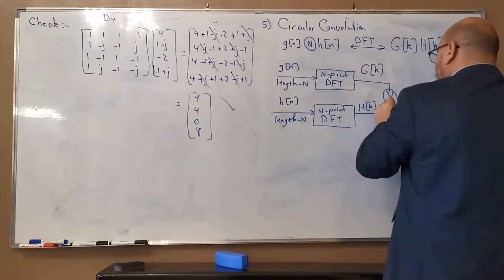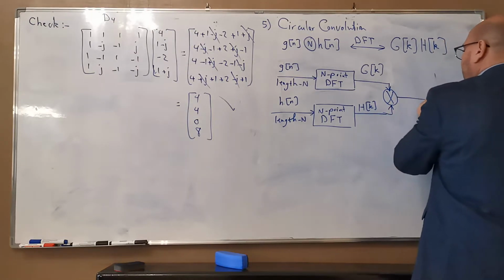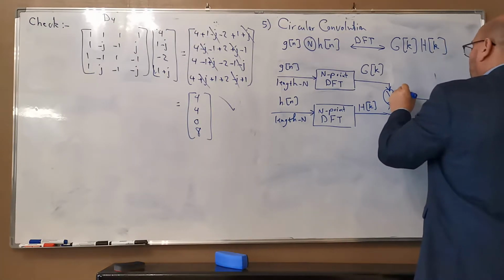You have to multiply both of them and get the answer as y of k.